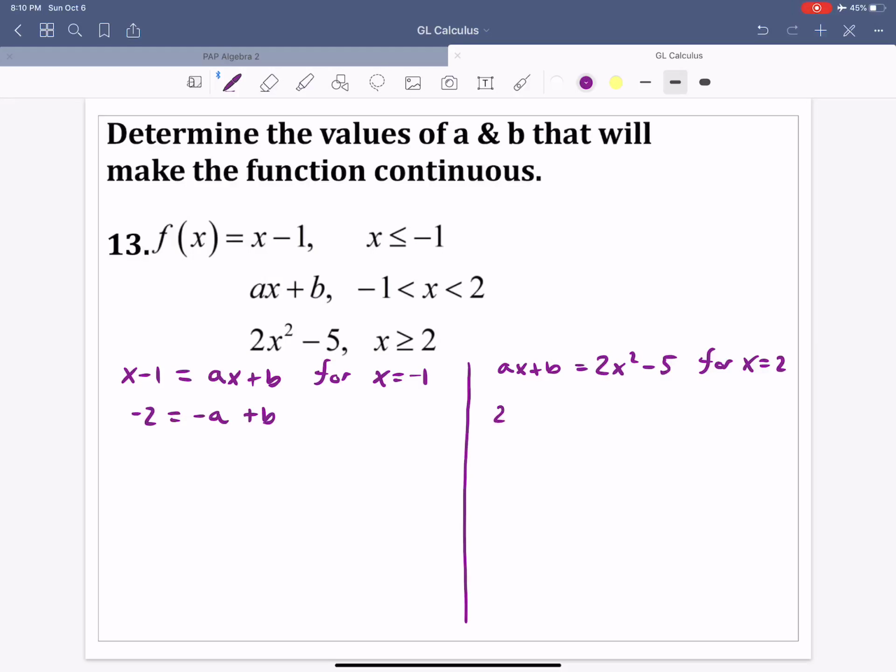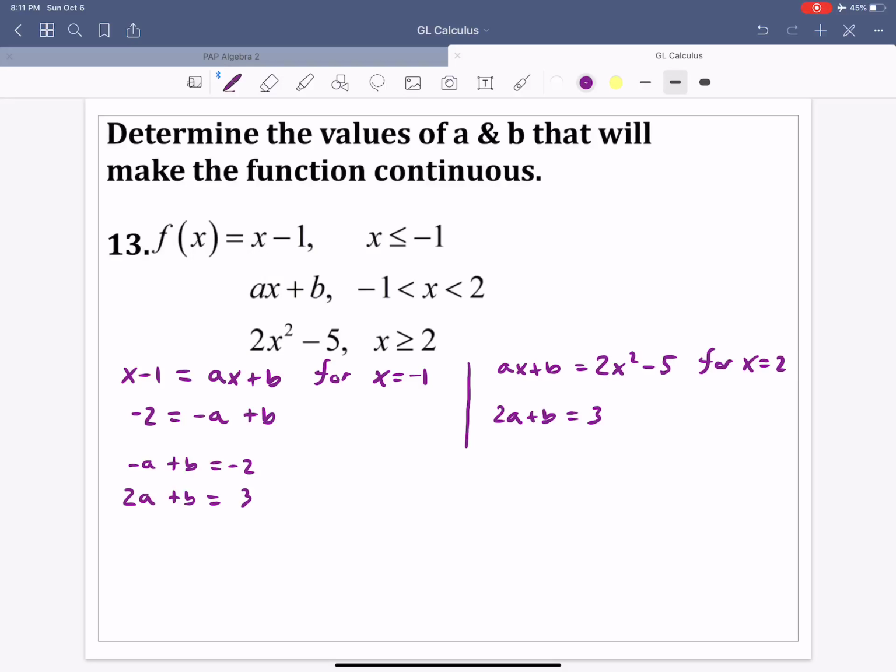So plug that in, you get 2a plus b on one side equals 2 squared is 4, 4 times 2 is 8, 8 minus 5 is 3. So what we have now is a system of equations that we get to solve. Y'all probably thought you were done with systems of equations, but we have negative a plus b equals negative 2, and then we have 2a plus b equals 3.